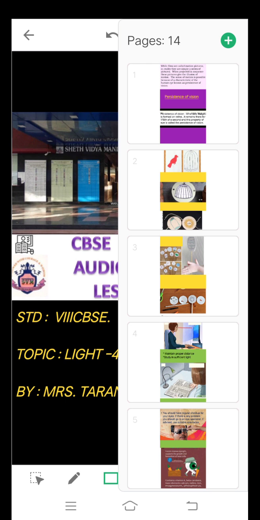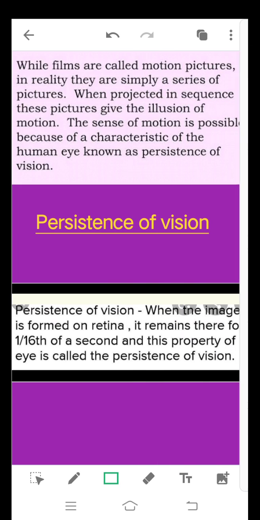Now what happens is, when an image is formed on the retina, it remains on the retina for a very short period of time, and that we call persistence of vision. While films are called motion pictures, in reality, they are simply a series of pictures.